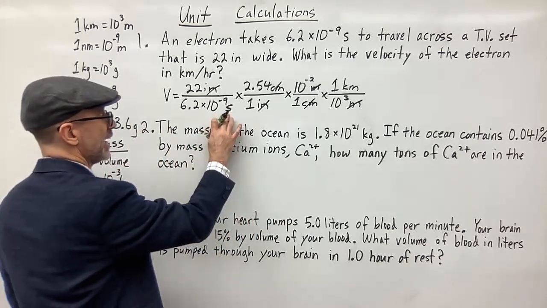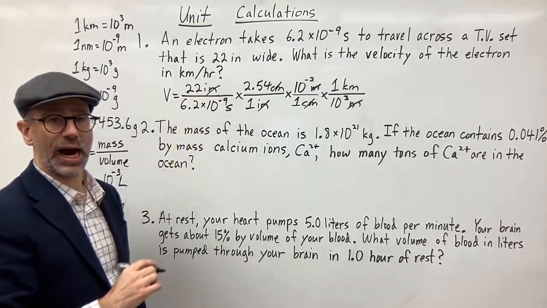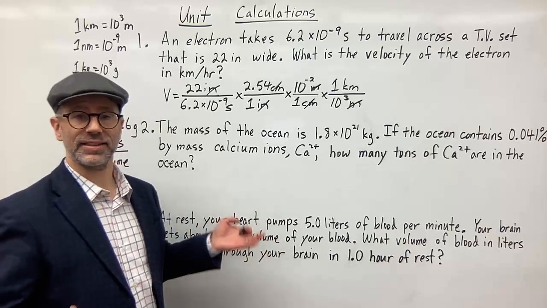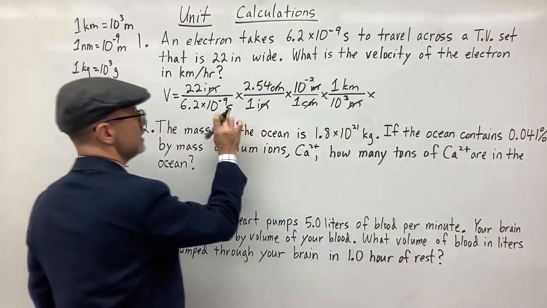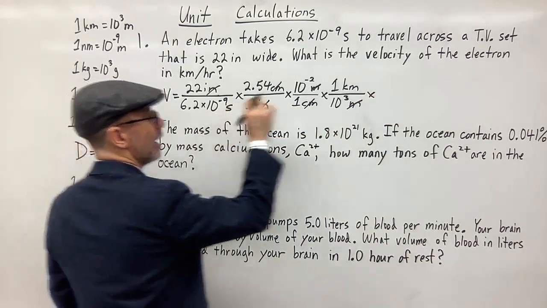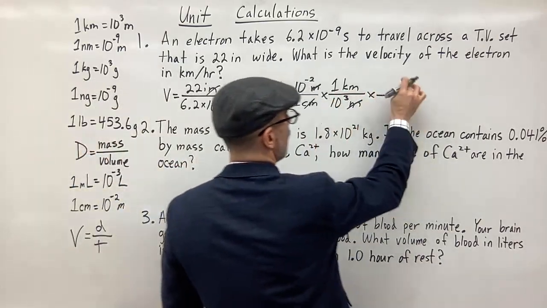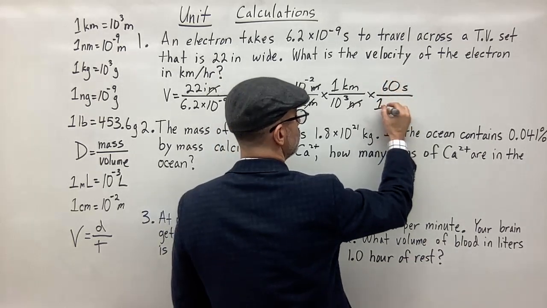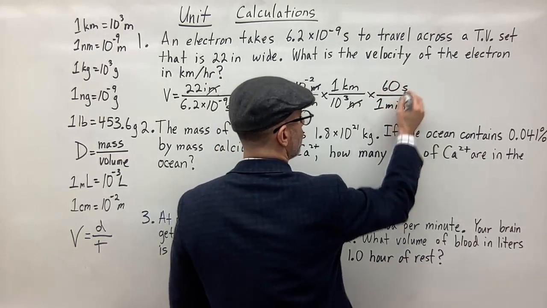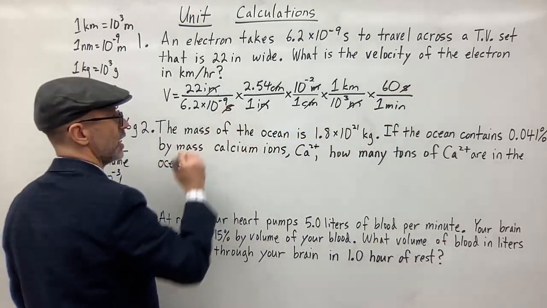So here I have seconds. I want to convert that to hours. I know 60 seconds is in a minute. So now, since I have seconds on the bottom here, I want seconds on top. So 60 seconds on the top, 1 minute on the bottom. So seconds cancel out.